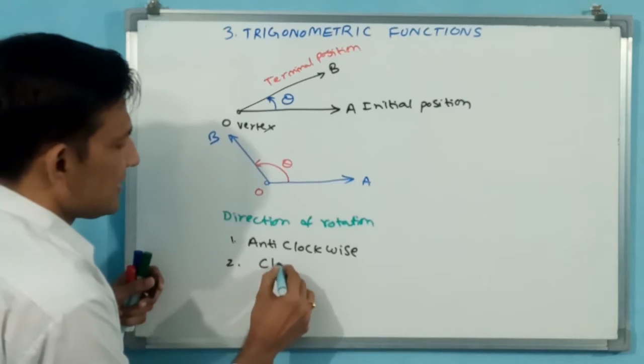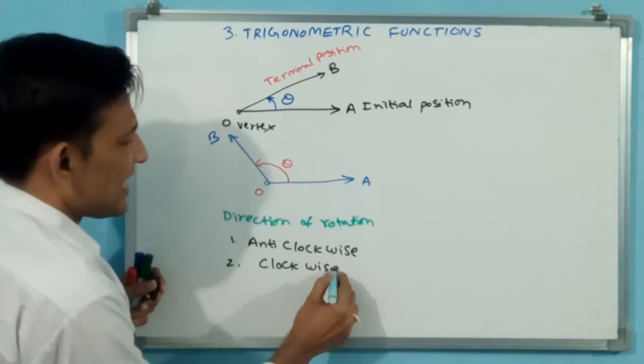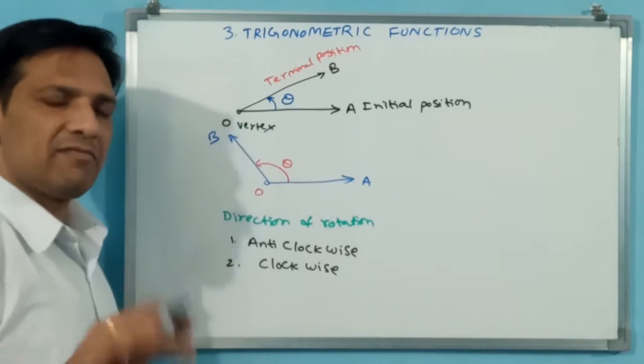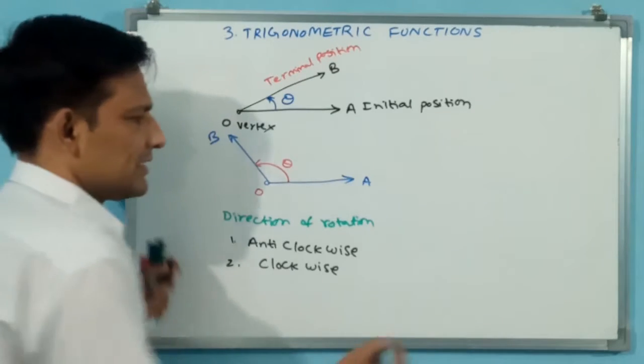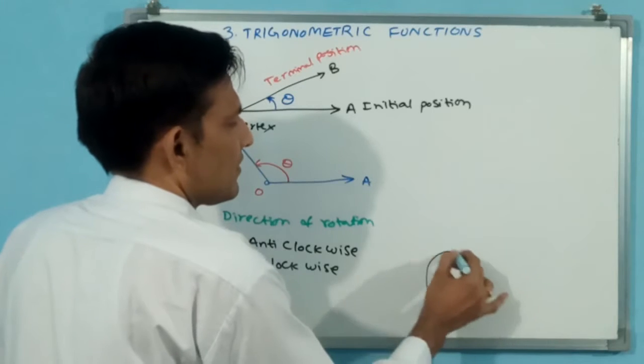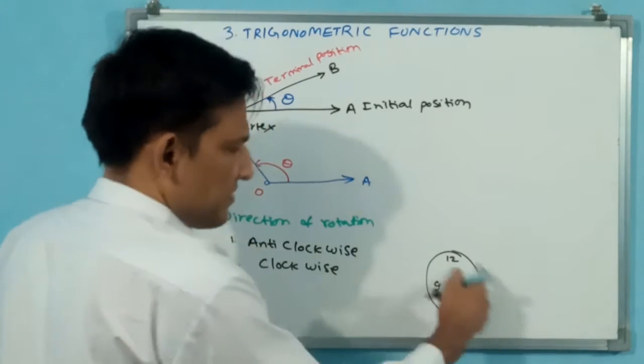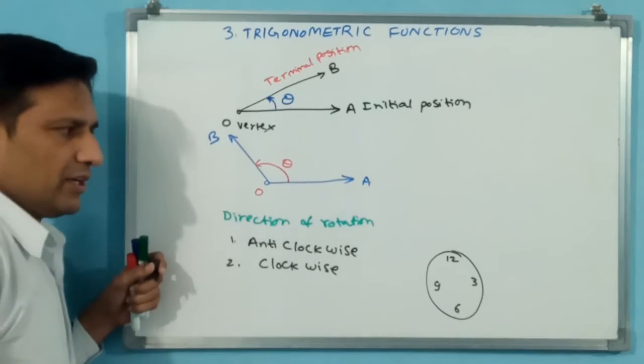Another one is clockwise. Okay. Anti-clockwise, clockwise. See, clockwise, anti-clockwise are standard. This is a clock: 12, 3, 6, 9. In between, 1, 2, 3, 4 will be there.